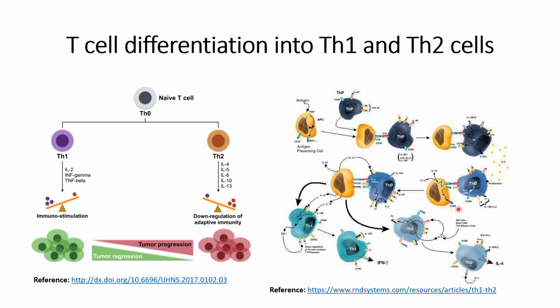After that, based on this information, the differentiation of these THP cells, or T helper polarized cells, occurs. These are the steps where differentiation occurs, and the T helper polarized cells are finally differentiated either into Th1 cells or Th2 cells.